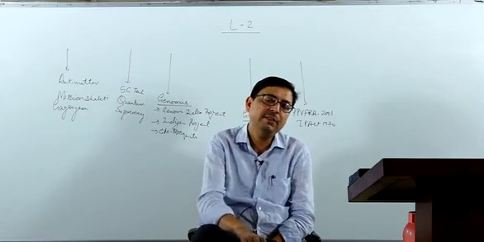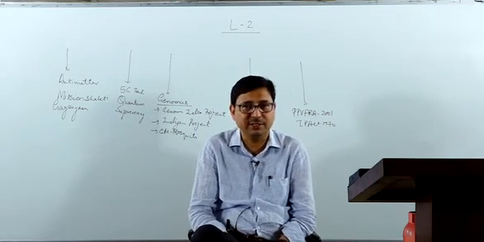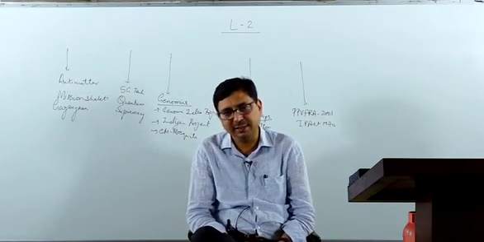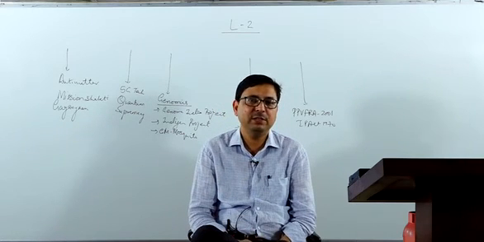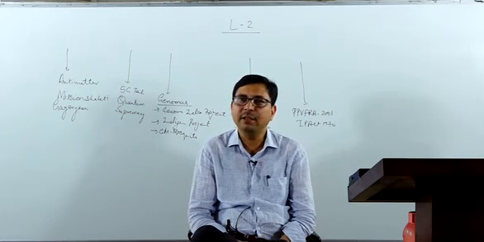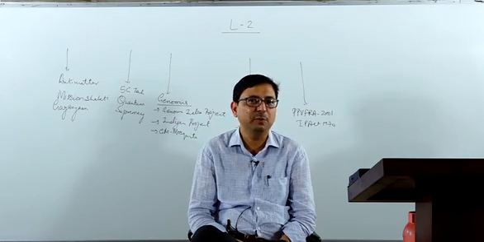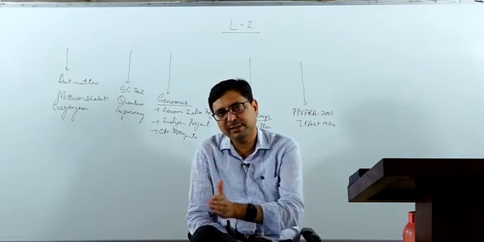The second question, which I discussed in the previous class: what is dark matter and dark energy? Yes, we discussed it. And the third question: when the universe came into existence, matter and antimatter were in equal proportion. Means if there were 1 trillion atoms of hydrogen, there were 1 trillion anti-hydrogen.